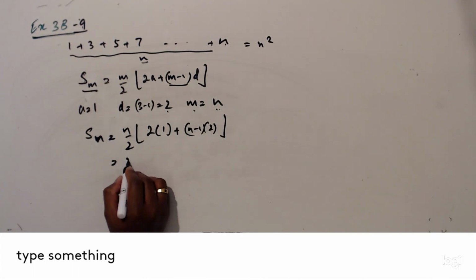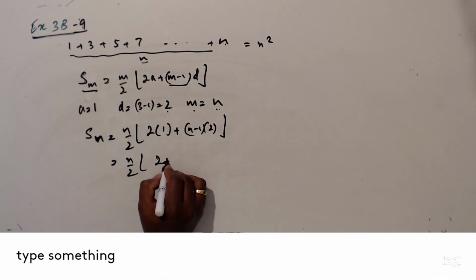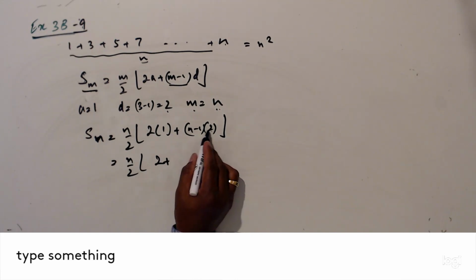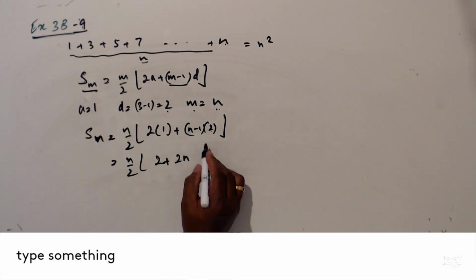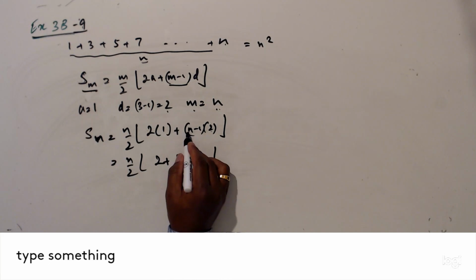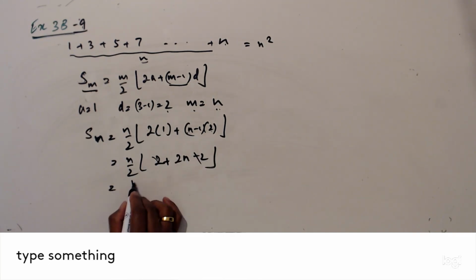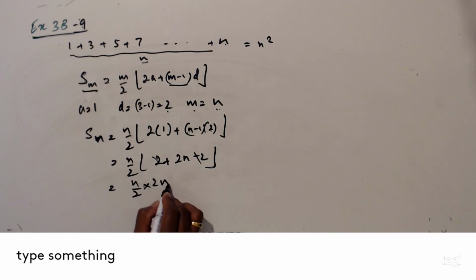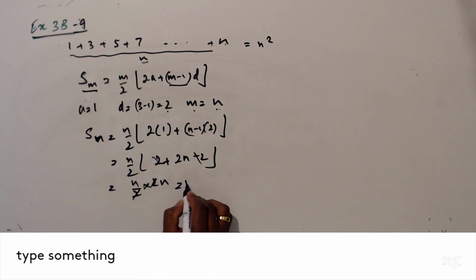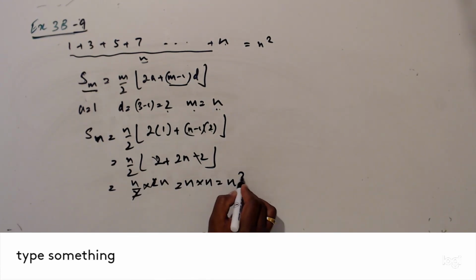Now we simplify: n over 2 times 2 plus, expanding, 2 times n minus 2 times 1, and the 2s cancel out. So n over 2 times 2n, the 2s cancel out. n times n is n square.